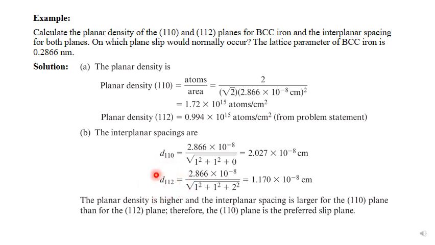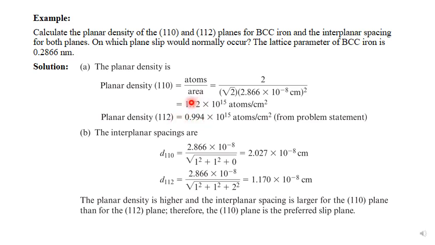In the same way, we can calculate the interplanar spacing for 112, and obviously the interplanar spacing of 110 is higher, they are more away from each other. Now, we do expect from our understanding that the slip would easily occur on the most dense planes, and this criterion is met here.